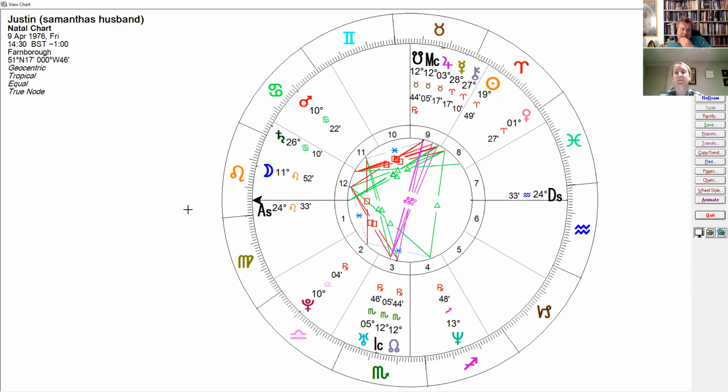And there are quite a lot of fire planets, because he's got Venus in Aries, Sun in Aries, Mercury in Aries, Moon in Leo. He's a very fiery person. So there's a lot of fire planets there, and therefore a strong requirement to be self-expressive, to generate a sort of creative energy.